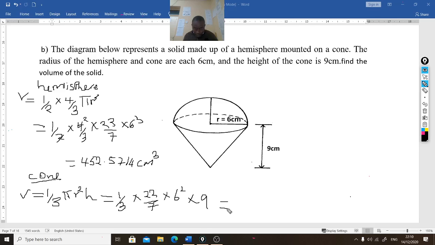Now you multiply that by using your calculator, and you will find the volume to be 339.4286 centimeters cubed.